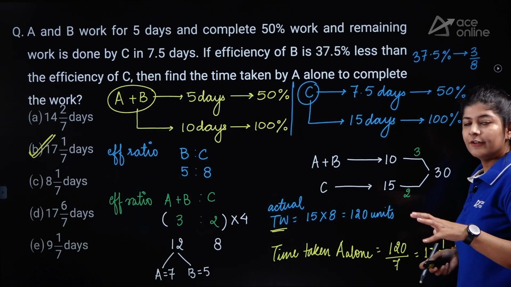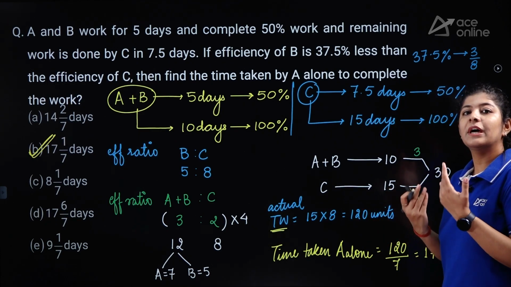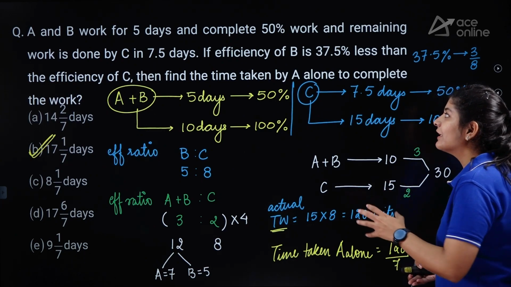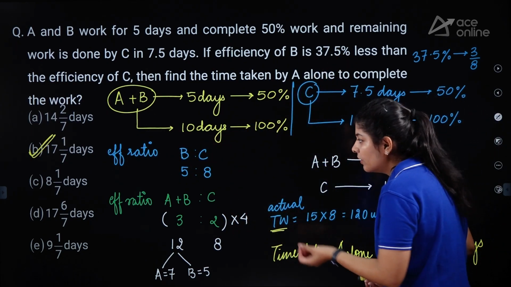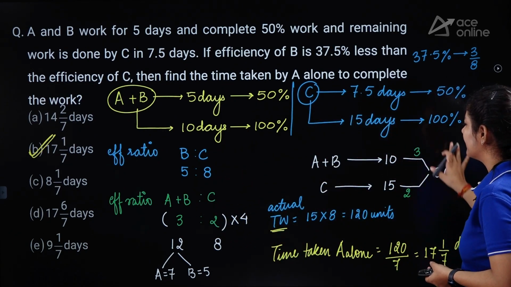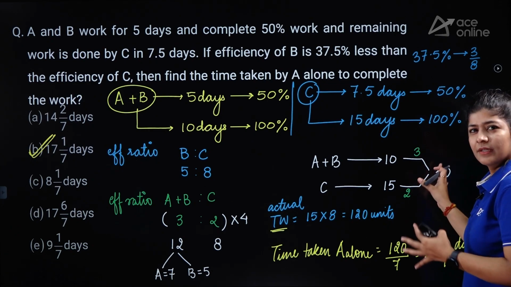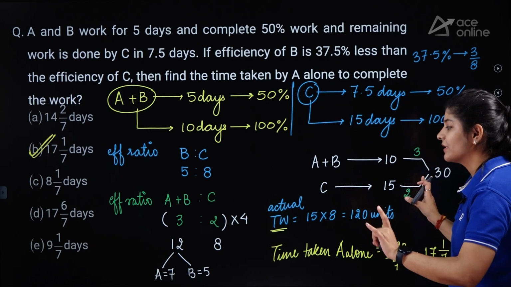So what we did: first we calculated how much time they will take to do the 100% work. After that, with the help of this ratio, we identified the efficiency ratio, and with the help of this data we determined the efficiency of A as well, right?